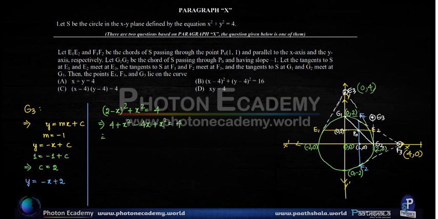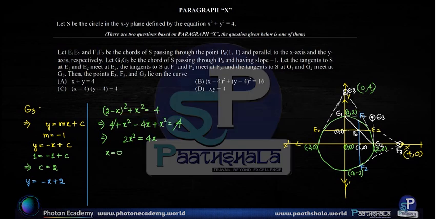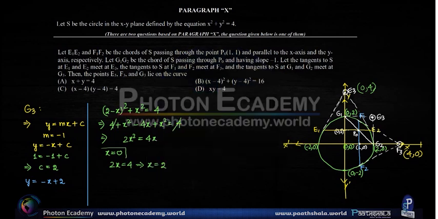That implies 2x square is equal to 4x. So one of the solutions is x is equal to 0. Then another solution is 2x is equal to 4, which implies x is equal to 2. The values of x coordinates are x is equal to 0 and x is equal to 2.